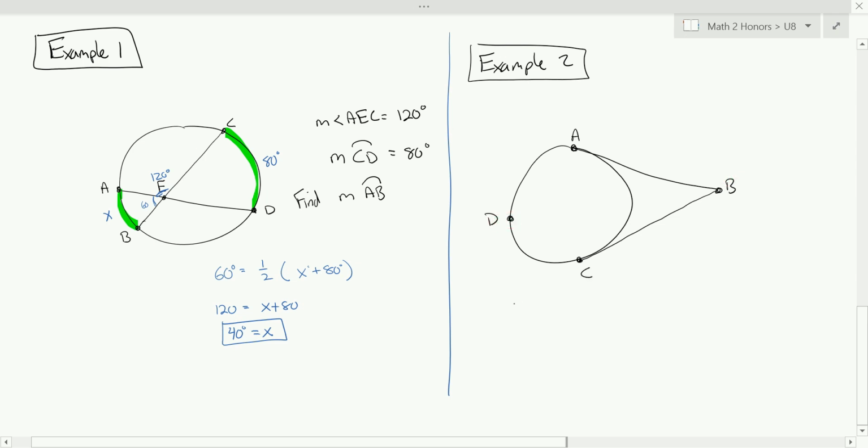And I'm going to tell you that the measure of angle ABC is 60 degrees, and I want you to find the measure of arc ADC. Go ahead and try that one out.